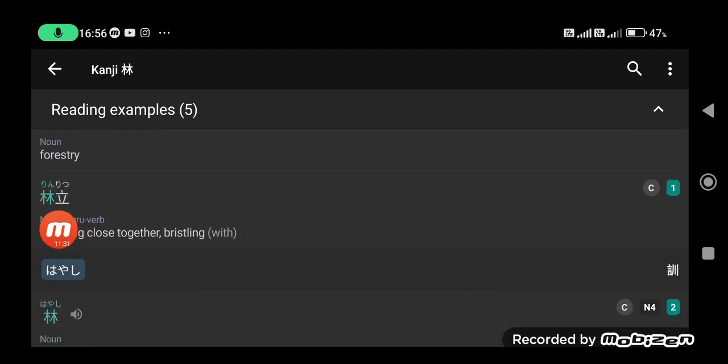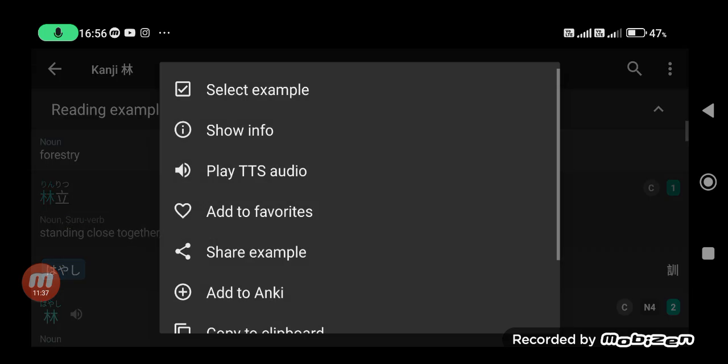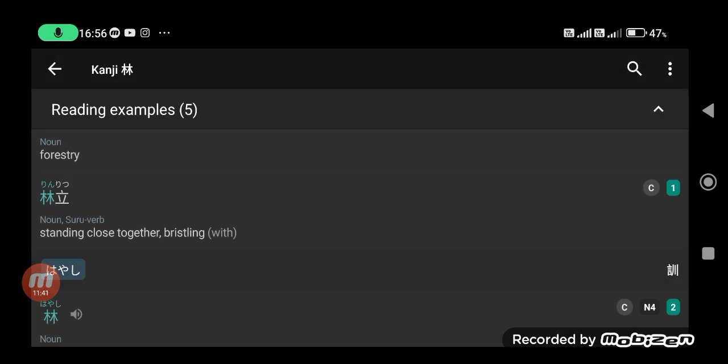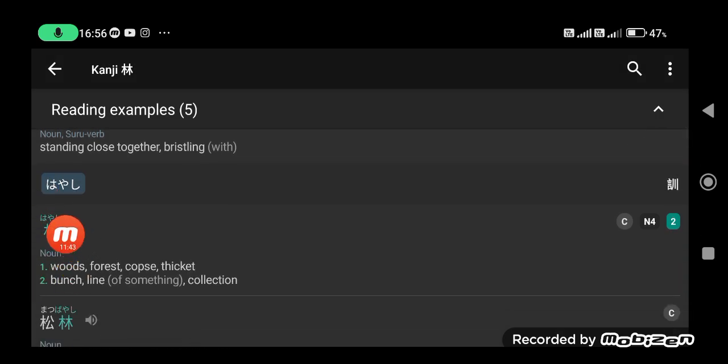How about this? Rinritsu, standing close together. Okay, how about this? Hayashi is the kunyomi of our subject kanji here. Hayashi is the kunyomi.